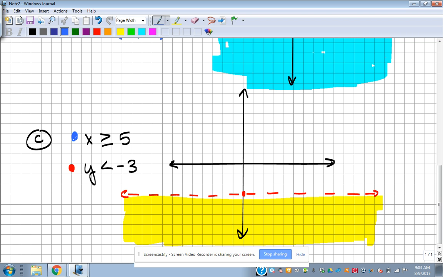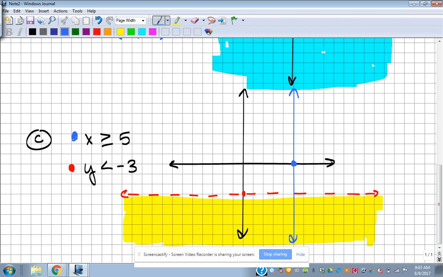Okay, now the graph of x equals a number. What's it look like? A vertical line on the x-axis at 1, 2, 3, 4, 5. Should this one be solid or dotted? Solid, because it has the equal to mark.